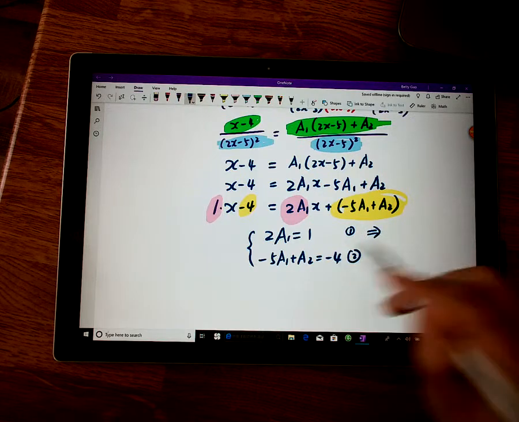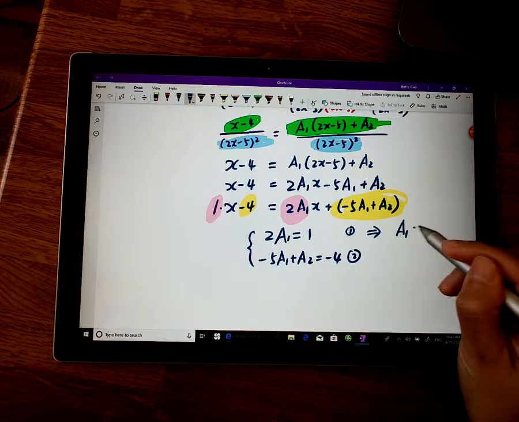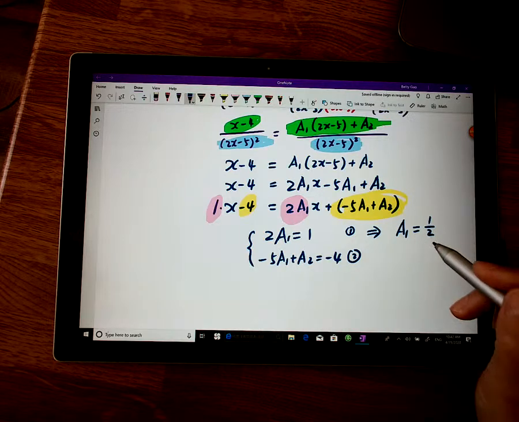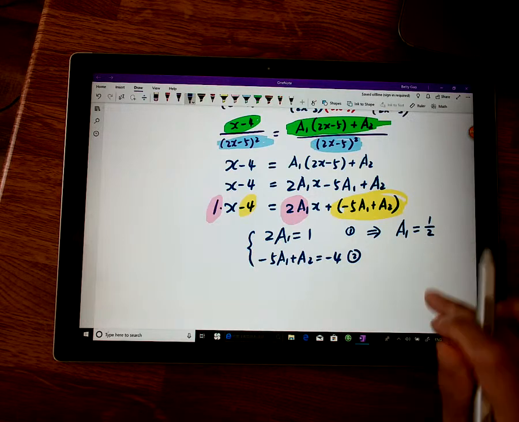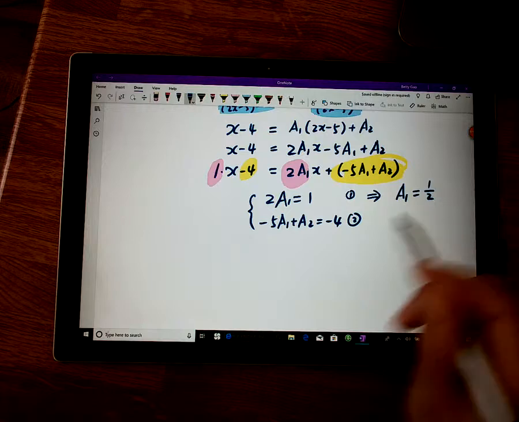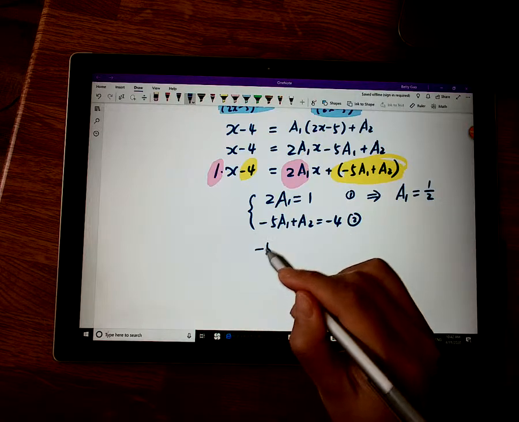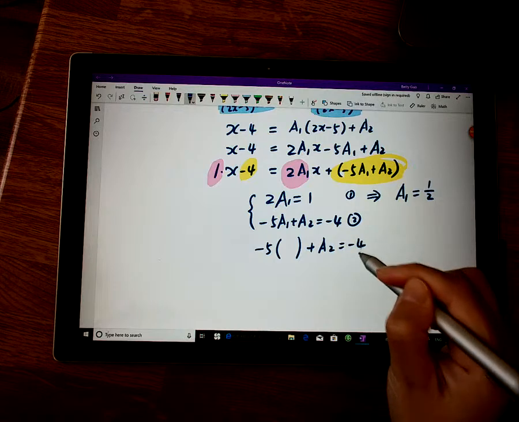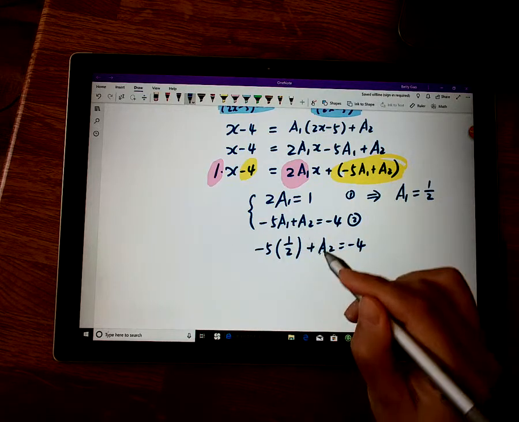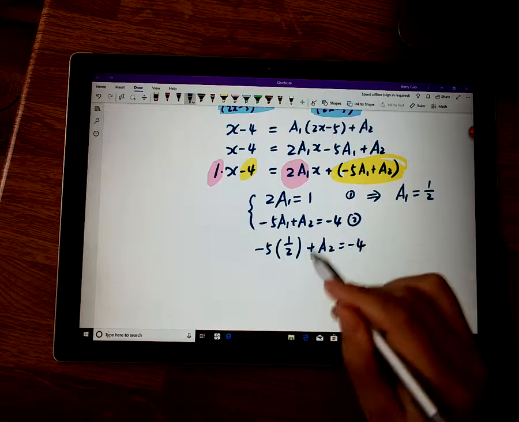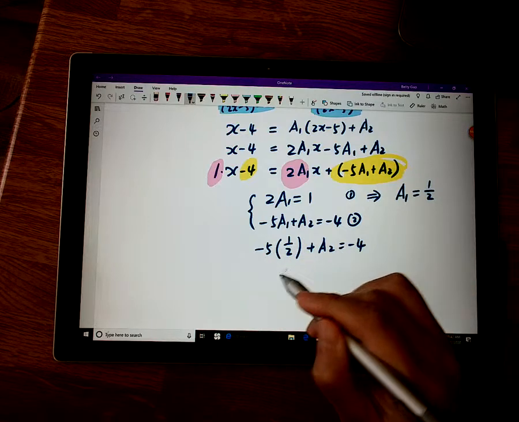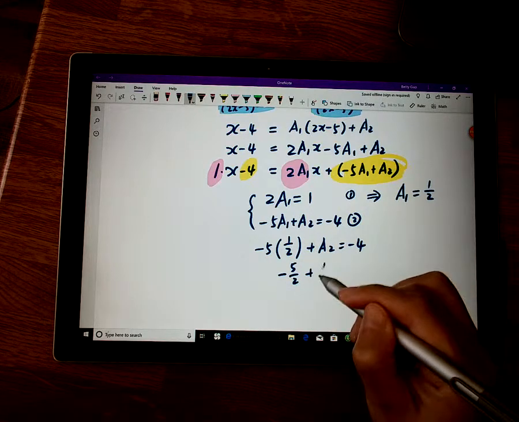From equation 1, we can get the value for a sub 1 easily. Divide both sides by 2, we have a sub 1 equals half, right? If we plug in the value for a sub 1 here, negative 5 times a sub 1, a sub 1 is half, plus a sub 2 equals negative 4. Let's solve for a sub 2. Negative 5 times half, negative 5 over 2.